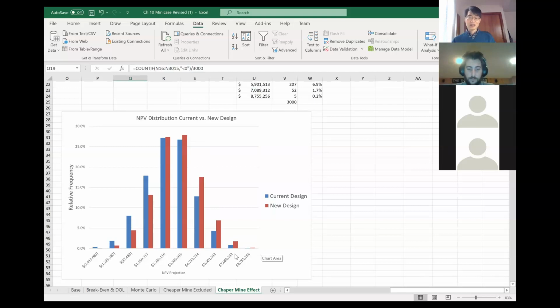So you can see that the red one is better in a sense that there is a lower possibility of having a really low net present value, and there is a greater possibility of having a really high net present value compared to the current design. So these are the kind of things that you can do if you get used to the Monte Carlo simulations.